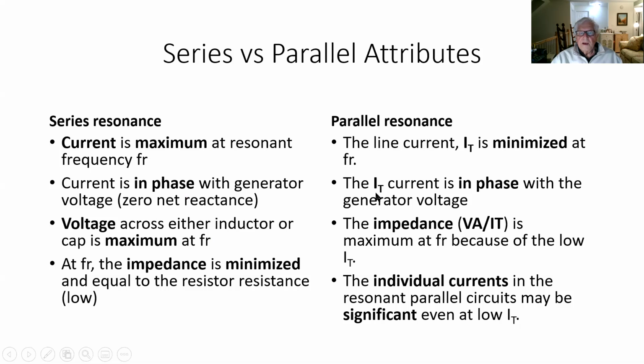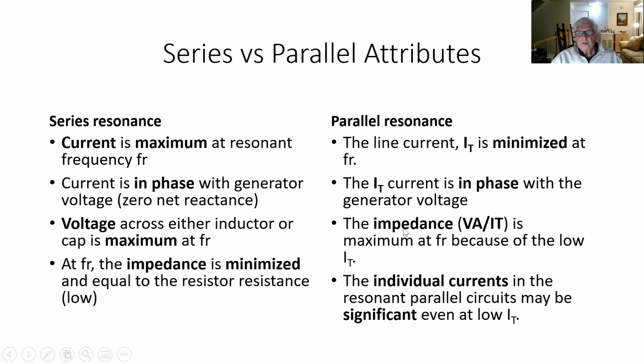In the case of the parallel circuit, the total current IT is in phase with the generator voltage, though. In series, the voltage across either the inductor or the capacitor is maximum, so that's where we take the output from.